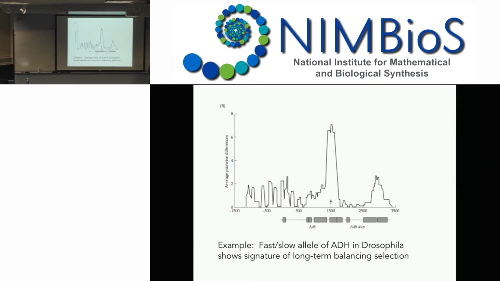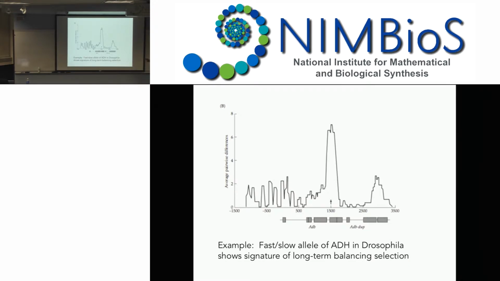But here's an example. Here's the fast-slow alleles in alcohol dehydrogenase. Right there at that arrow, that's a nucleotide substitution that gives you an amino acid change that gives you two different alleles. They're called fast and slow because one moves faster on a starch gel than the other. So in the old days, the fast and slow alleles were fairly well known.